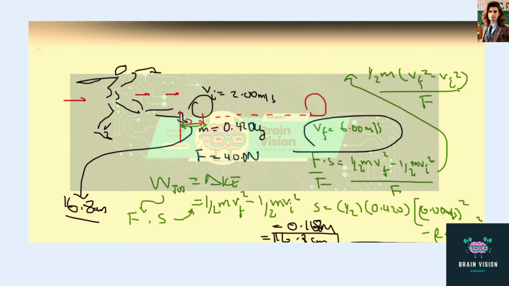That's the distance the player has to move their leg to kick the ball such that it's going to have a final velocity of 6 meters per second.